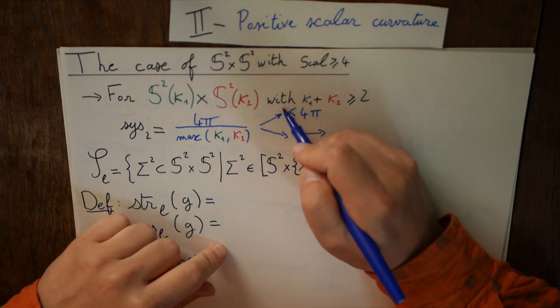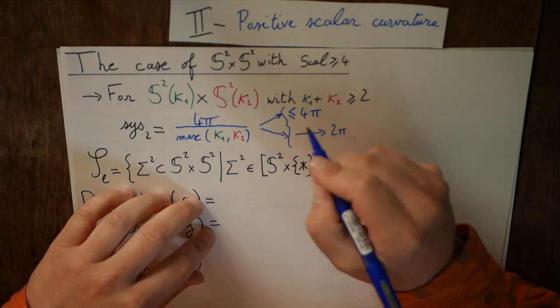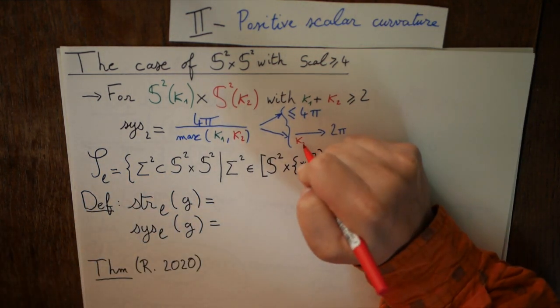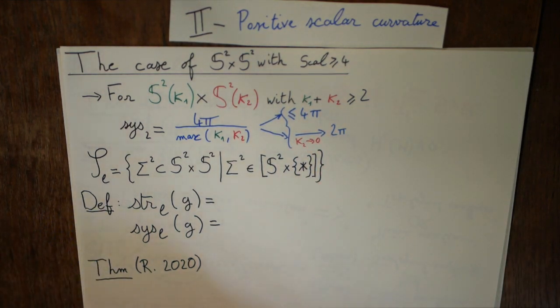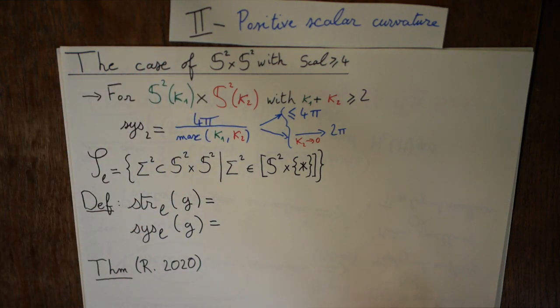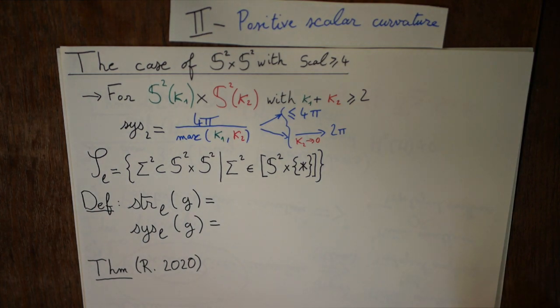You can see that in the following way: when kappa 2 goes to 0, this goes to 2 pi. And it will be realized by a sphere in the first factor. So we see there is some interplay between the size of both factors here. And if you try to make one factor very big, you will make the other factor smaller, or at least of a controlled size.